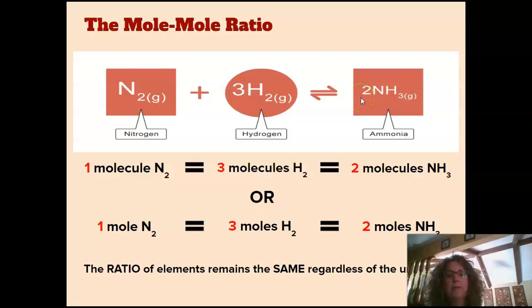This is why we have to have that balanced chemical equation, because we need that ratio. That ratio is the key to doing the stoichiometry. That ratio of elements is going to be the same regardless of those units, except grams. We can't use grams. We have to have moles here.